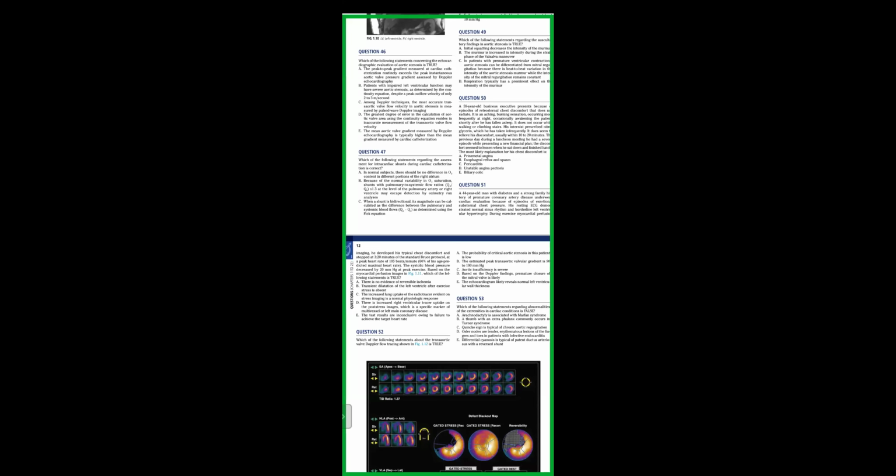So if you are sampling blood from the right atrium, if you sample closer to the SVC, you get a lower saturation compared to if you sample closer to the IVC. So various portions within the right atrium can actually give you different saturation levels. So A is false. So the correct answer would be B.